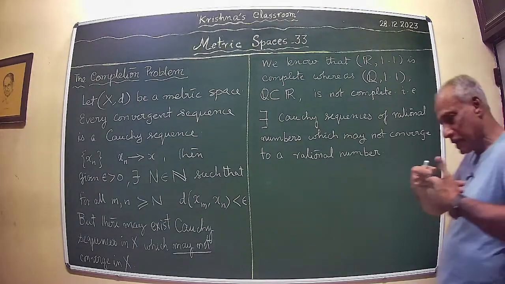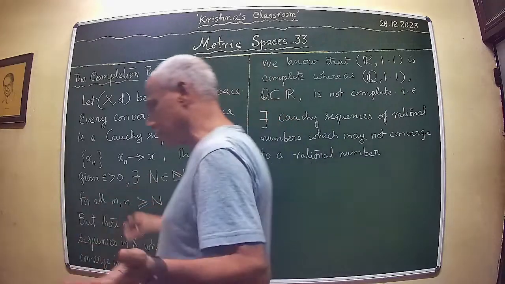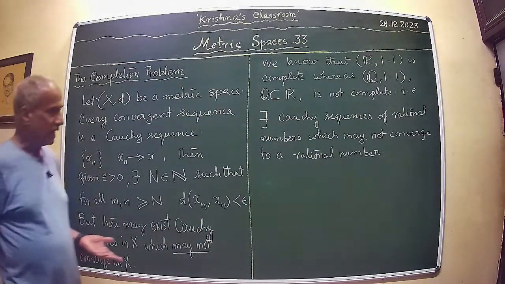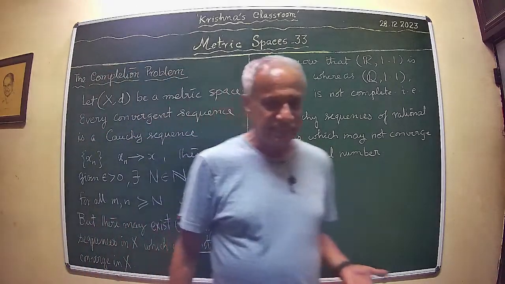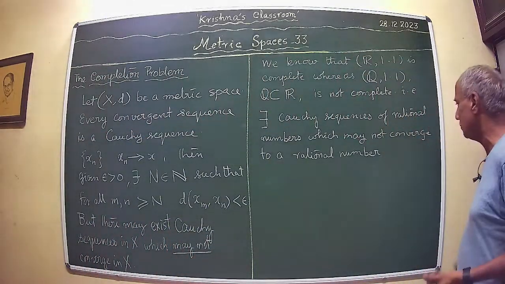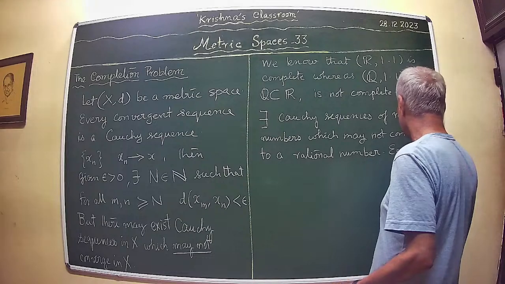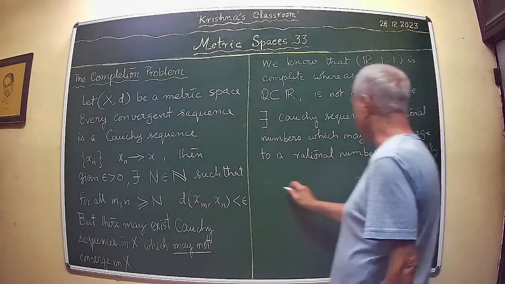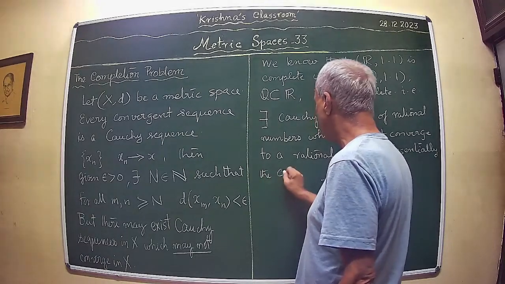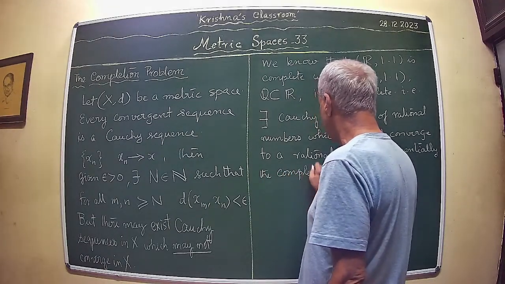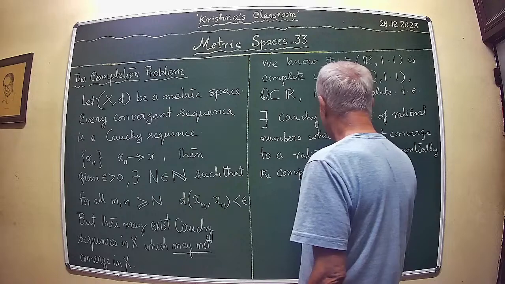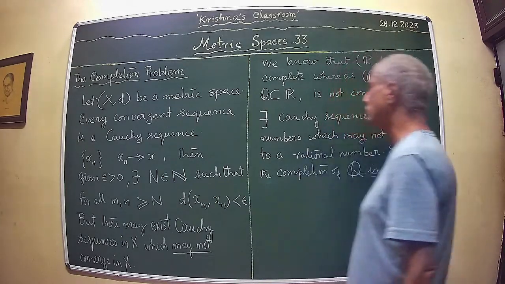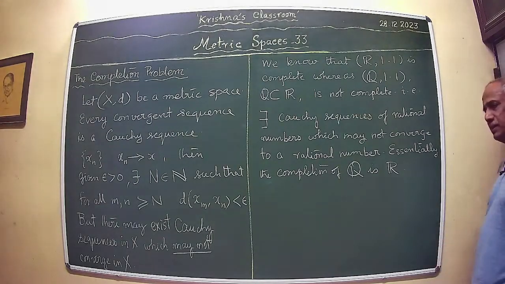So, Q is not complete. And this is one of the properties that we have. And essentially, the completion of Q is R. This is what we have.